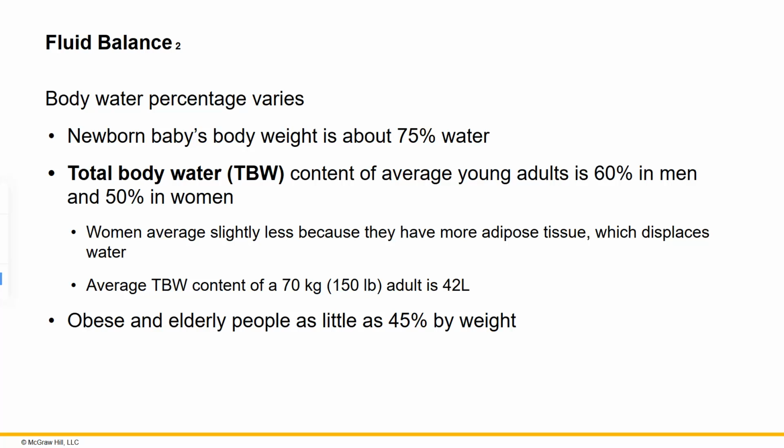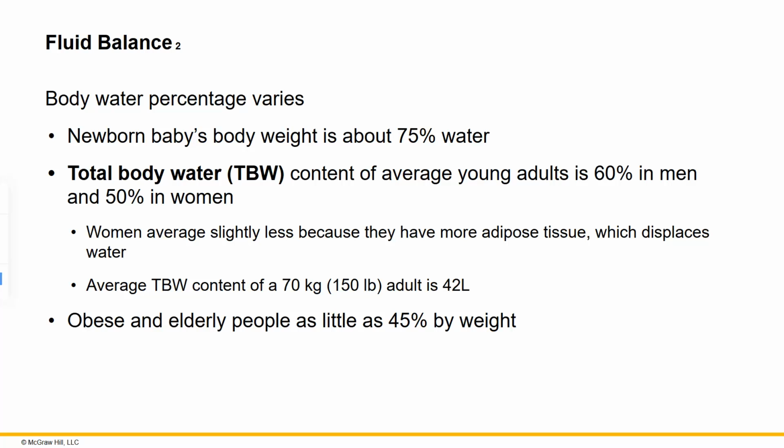So now that we learned a little bit about how the body retains water and regulates the amount of water in the bloodstream, I'm going to talk a little bit about fluid balance. Body water percentage varies based on your age. A newborn baby's body weight is about 75% water. Total body water content of an average young adult is 60% in men and 50% in women.